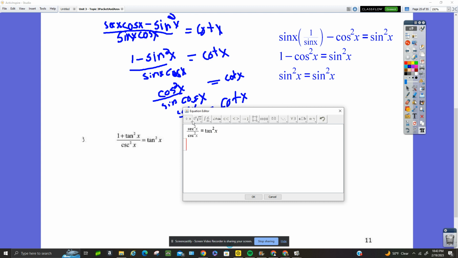And the next step, put this in terms of sines and cosines here. So 1 over cosine squared and 1 over sine squared. Equal tangent squared.